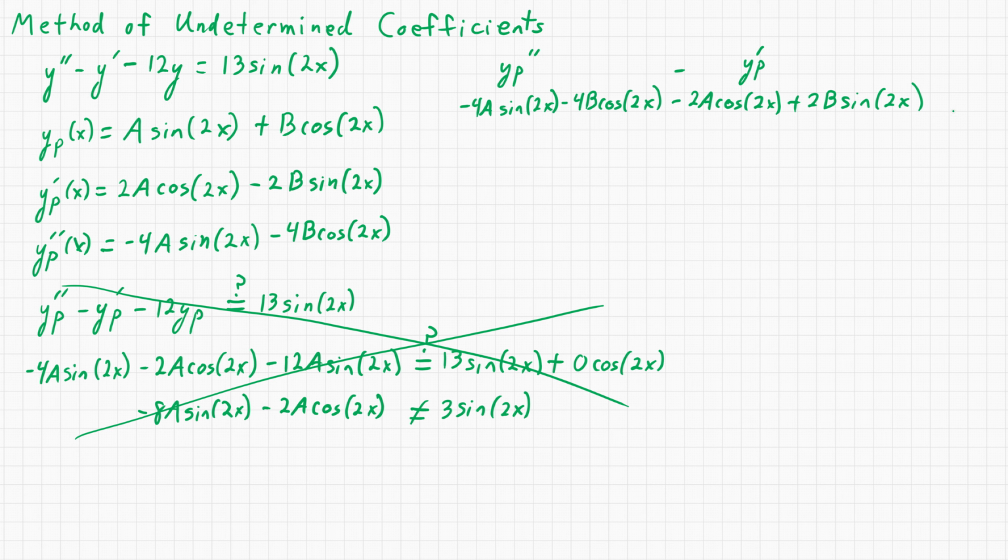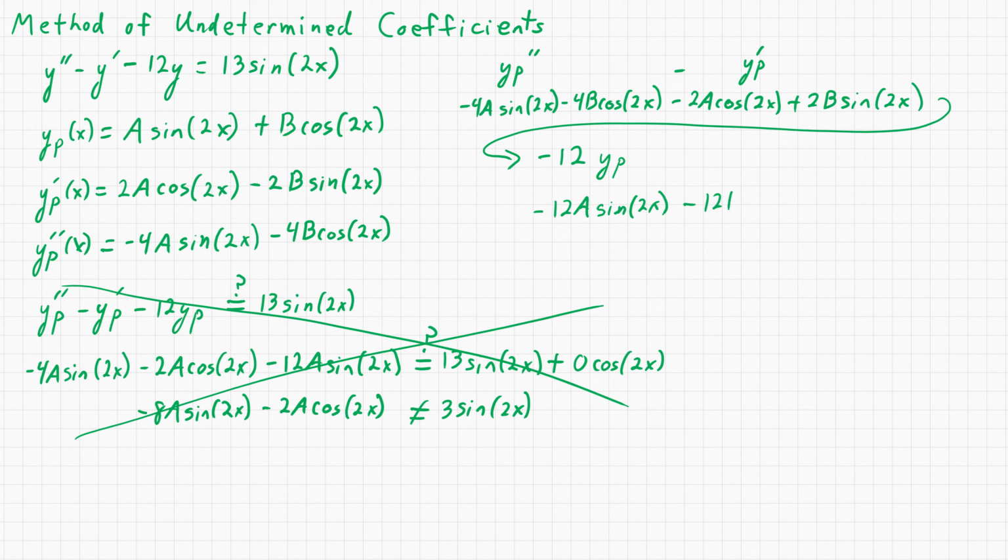Then I have a minus 12 y particular, so that's going to be minus 12a sine 2x, and I've got a minus 12b cosine 2x. And then all has to equal 13 sine 2x.